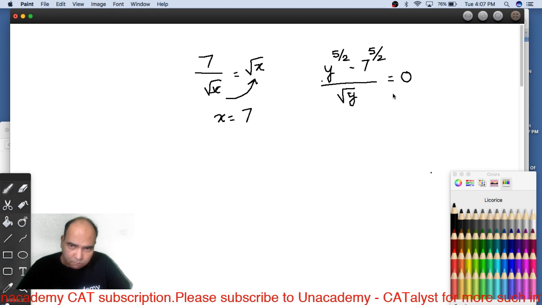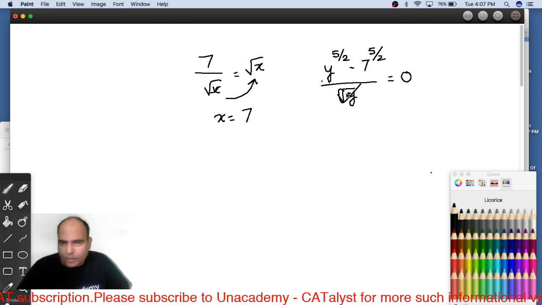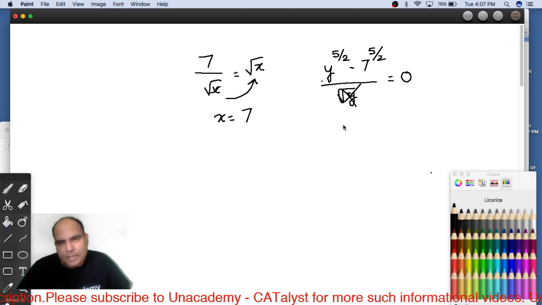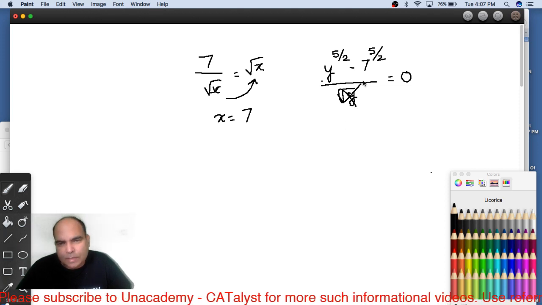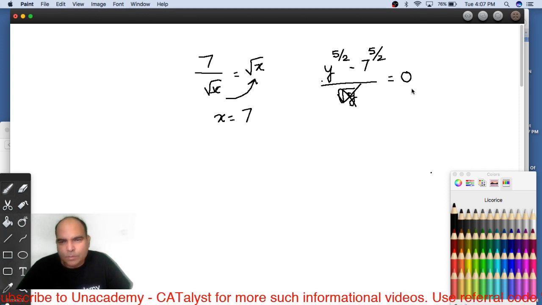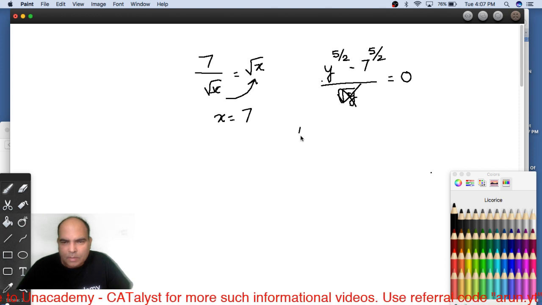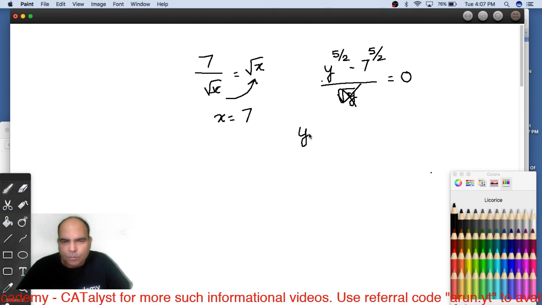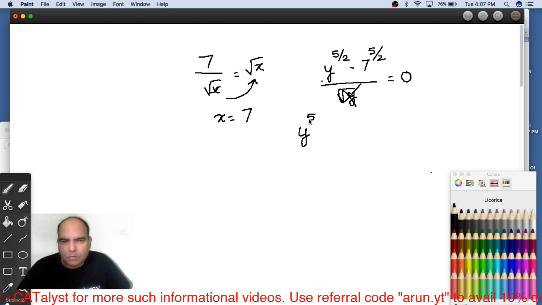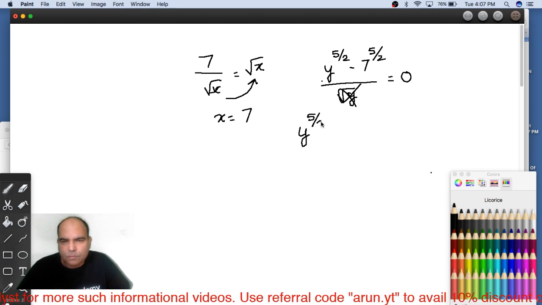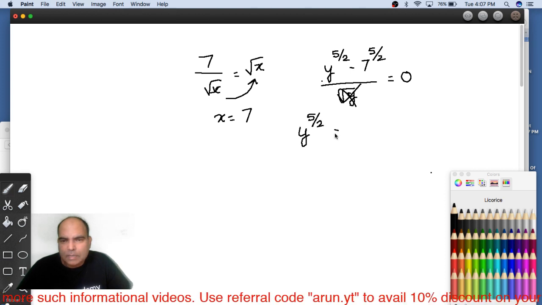So you can ignore the denominator here while solving and say that y raised to 5 by 2 minus 7 raised to 5 by 2 has to be 0, which means y raised to 5 by 2 has to be equal to 7 raised to 5 by 2.